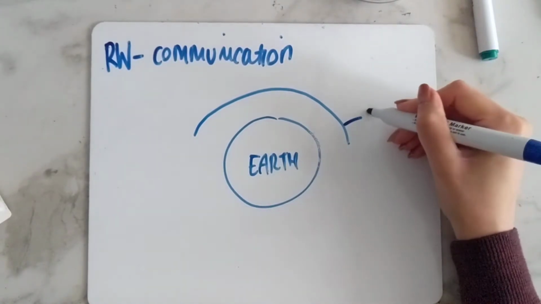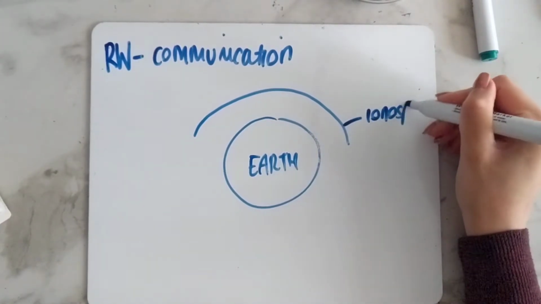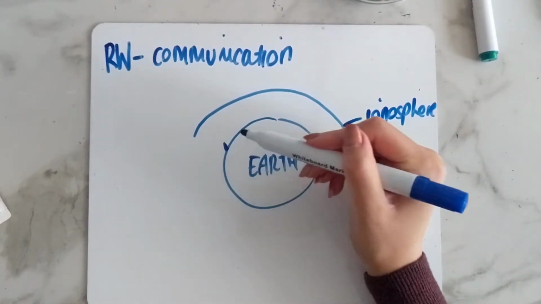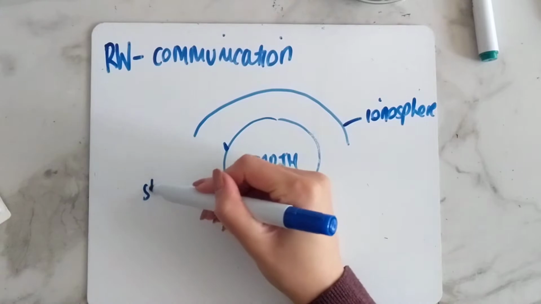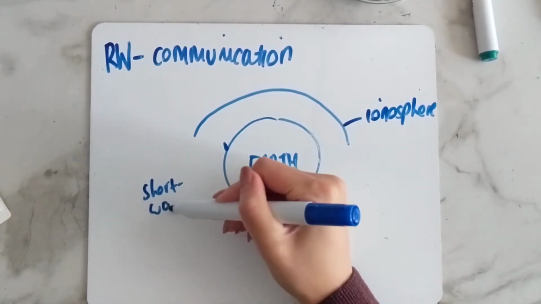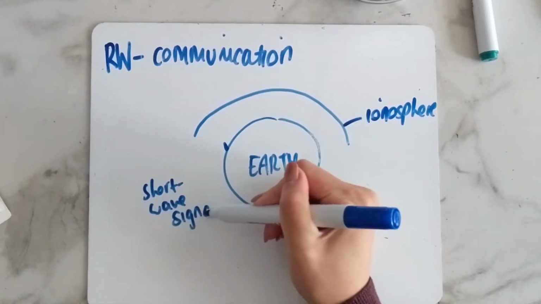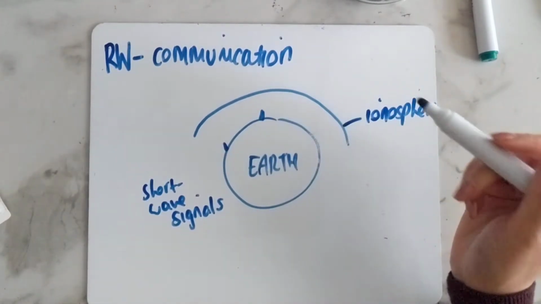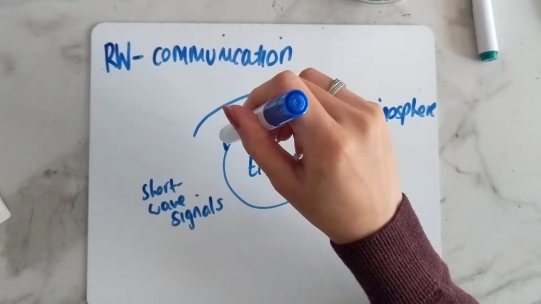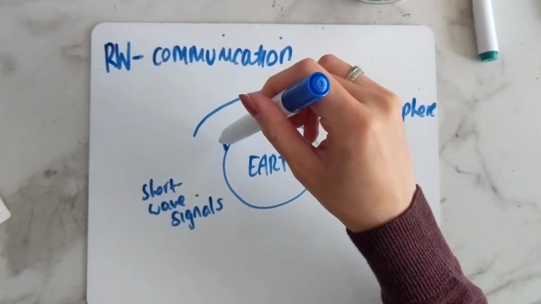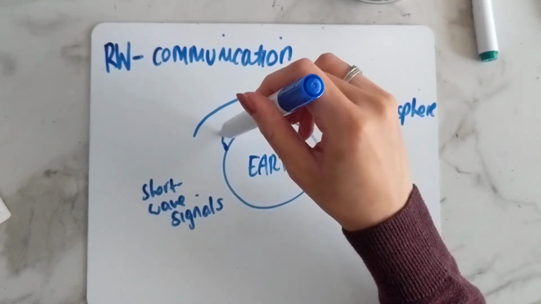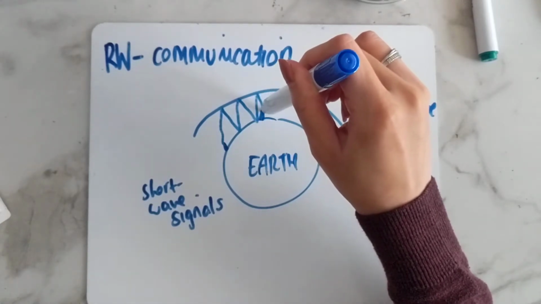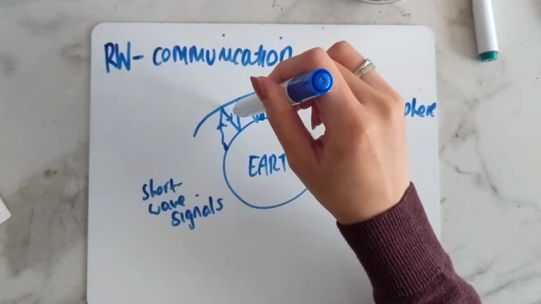So radio waves work by, here's the earth, here is a band above the earth called the ionosphere. Now short wave signals, let's say they want to get from this point to this point. Shortwave radio wave signals reflect off the ionosphere and bounce around the earth like this to get to the point that they need to.